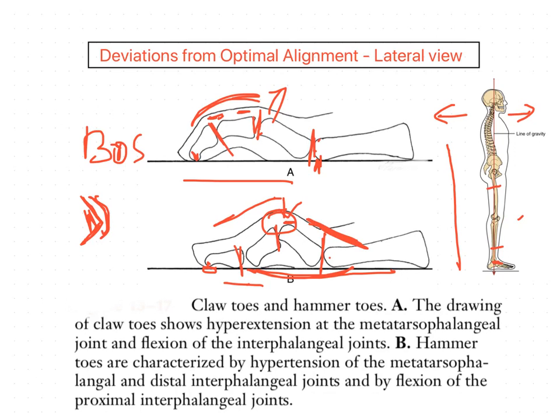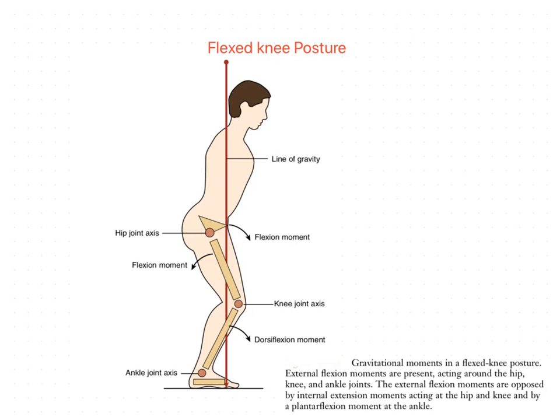Okay, now we will move on to the next segment, that is the knee. So in the knee we can see one kind of deviation, that is flexed knee posture. So this is the flexed knee posture. In this posture, the LOG falls posterior to the knee joint axis. Here we can see posterior to the knee joint axis.